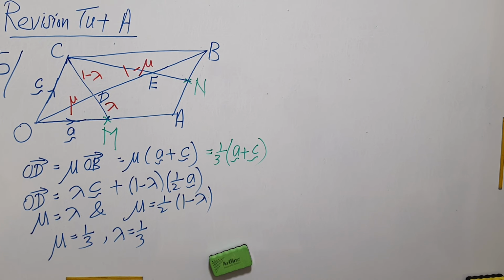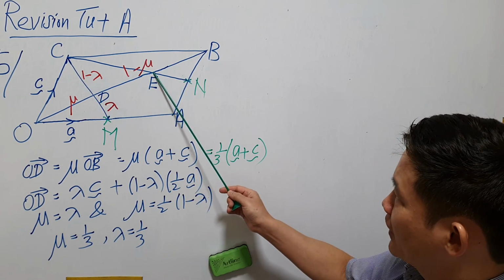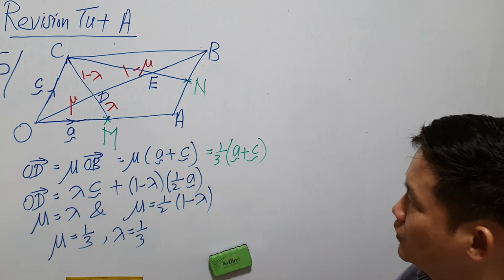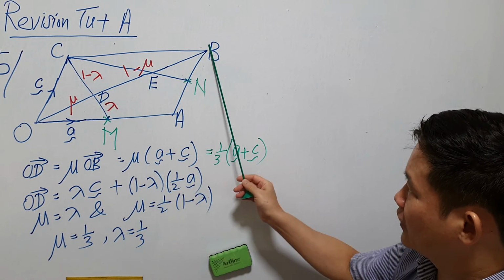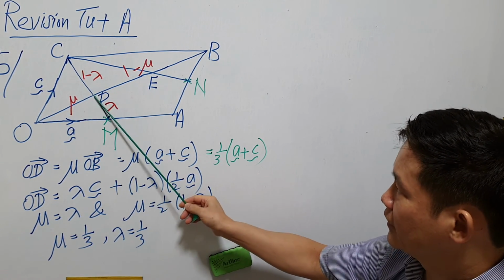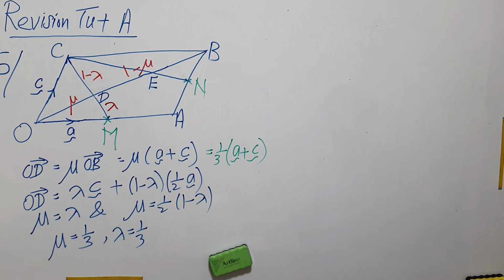Prove that the points D and E trisect OB. What I was trying to say here is you want to prove that this point and this point cut this entire line into 3 equal parts: 1 part, 2 parts, and 3 parts.